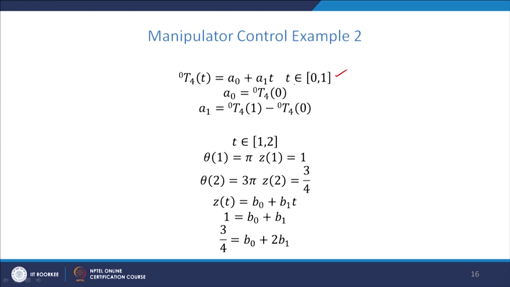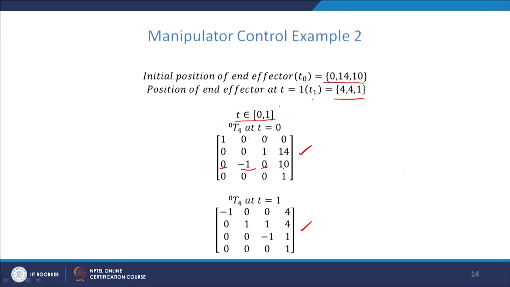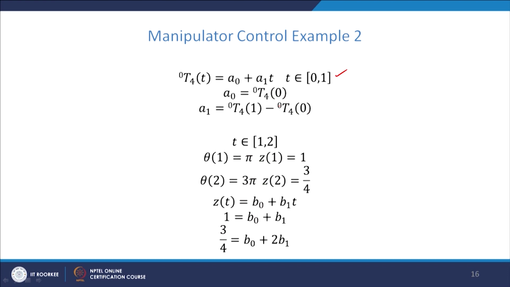And 0 t4 as a function of time during the interval 0 to 1, because there are two conditions given here. These are the two conditions at t equal to 0 and 1, so we get a polynomial of degree 1. There are two coefficients a0 and a1 which can be easily calculated from this expression, and z of t is also calculated by using a polynomial with two coefficients.